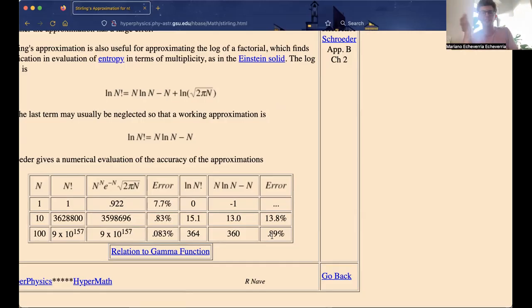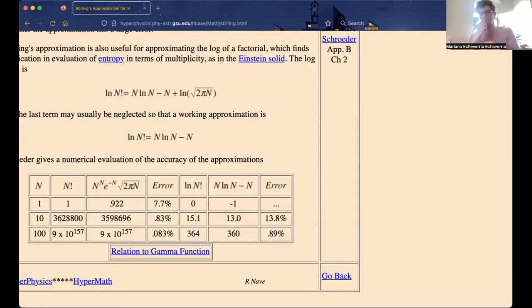So this is a really, really good approximation. You shouldn't feel bad using it. It's a safe approximation to use. It's just that it is so much easier to work with powers of a number than with factorials. That's what makes this approximation convenient.